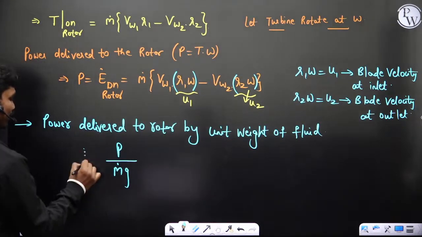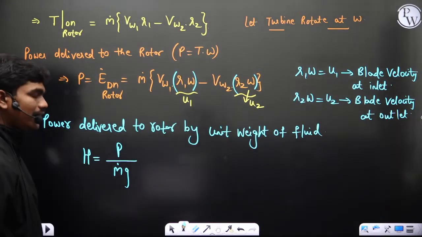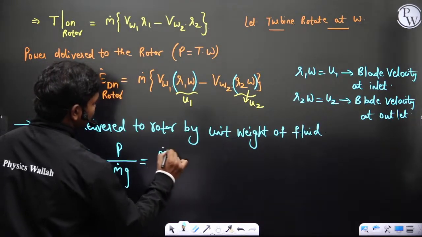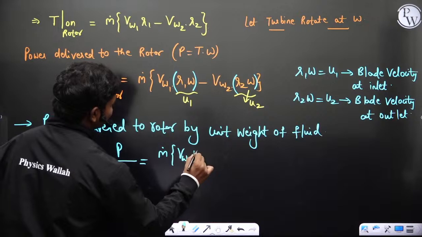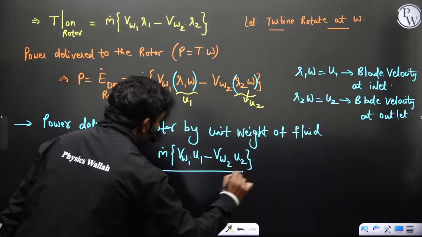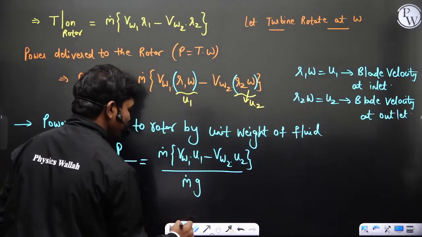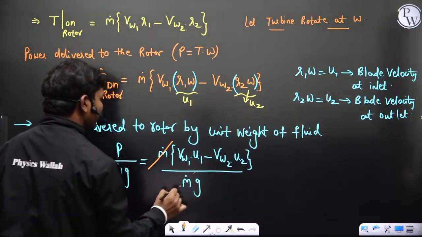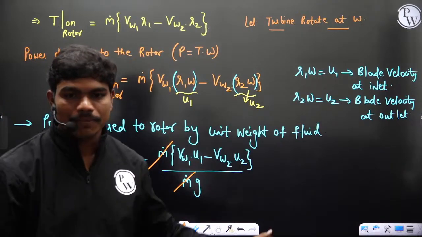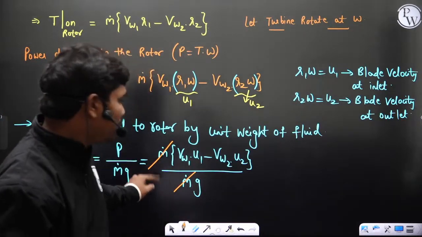We call this H because it has the dimensions of head. So this can be written as m dot times vw1 u1 minus vw2 u2 divided by m dot into g, and m dot gets cancelled. This is the head delivered to the water by the fluid.